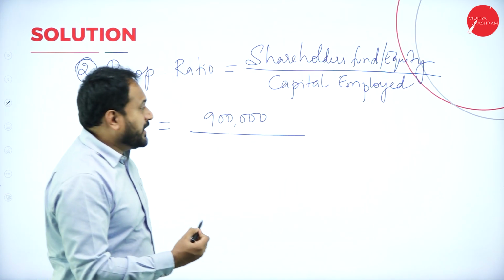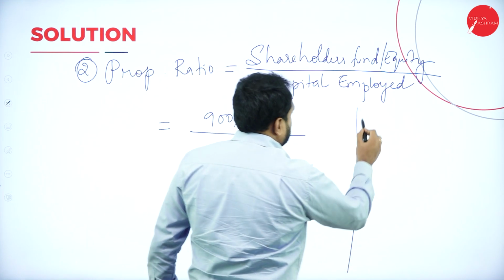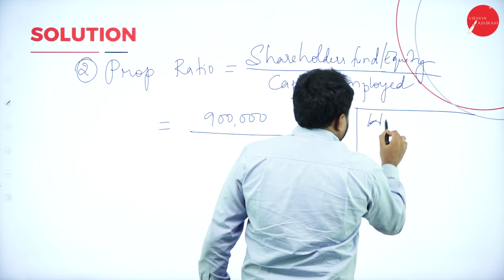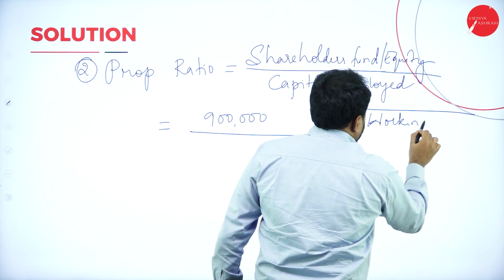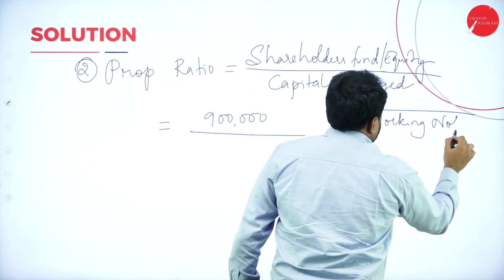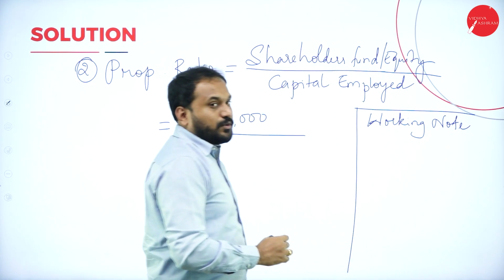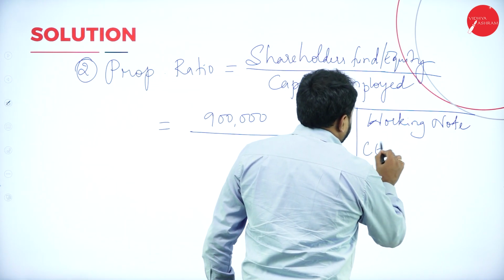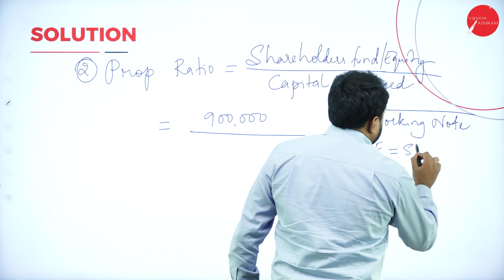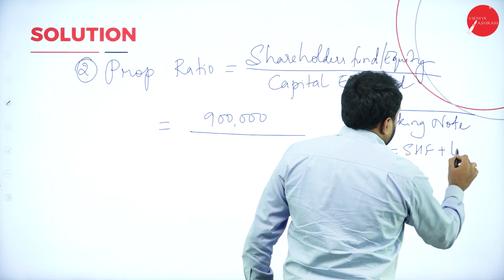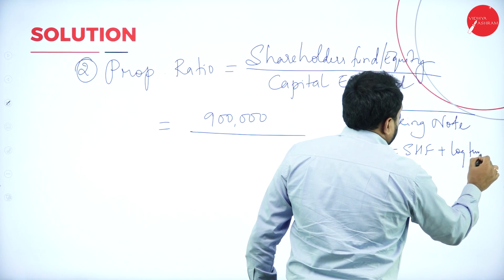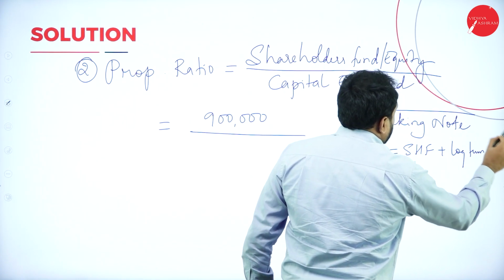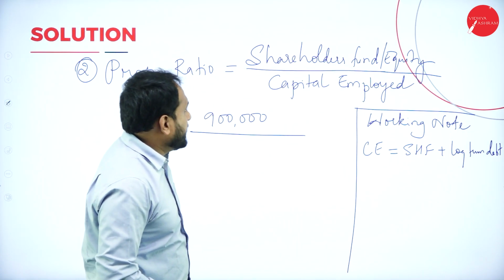Now capital employed is there. Now we'll go for the working note. I'll write here working note. So what is this working note? Capital employed is equal to shareholders fund plus long-term debt. Now shareholders fund, how much is it?